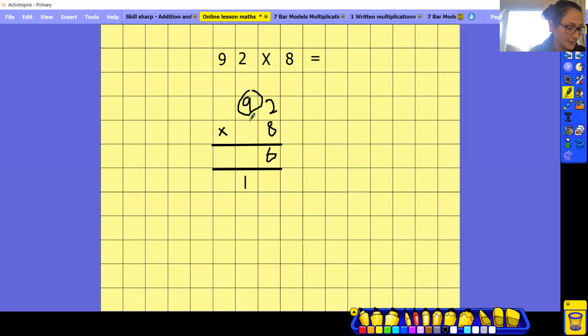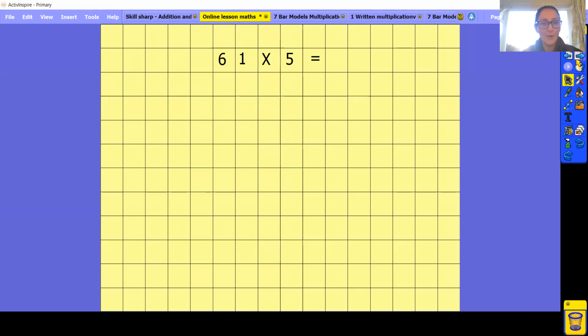So 9 times 8 equals 72. But remember, don't forget to add that 1. So 72, add 1 equals 73. There we go. Well done if you managed to get that at home.